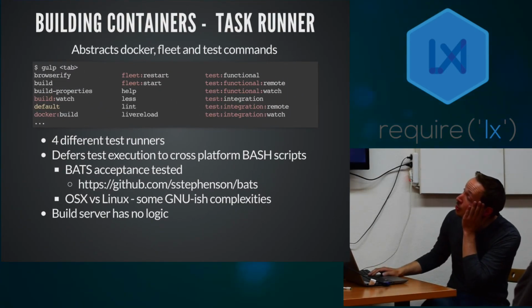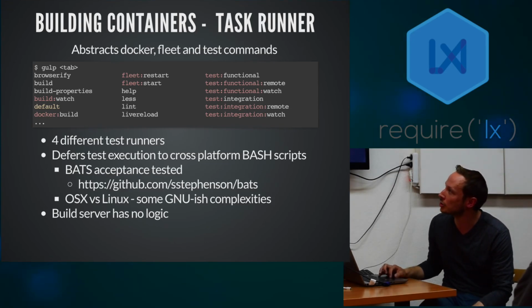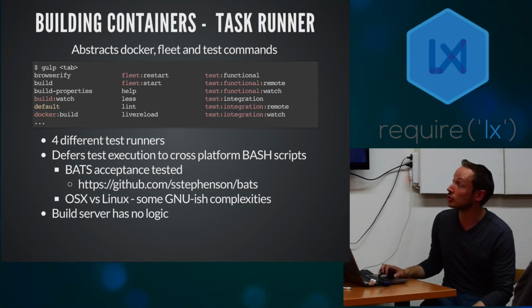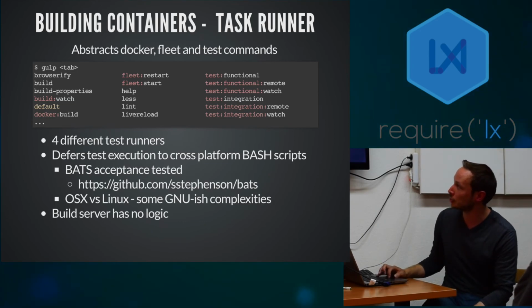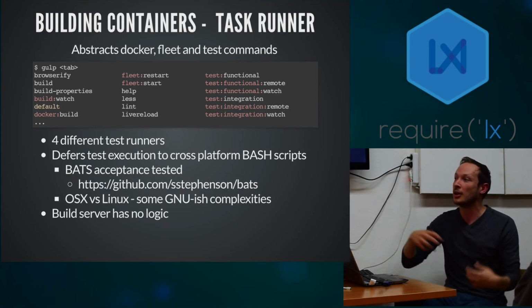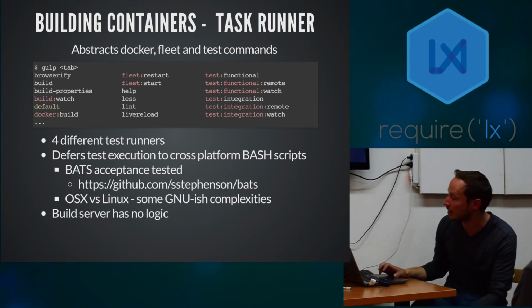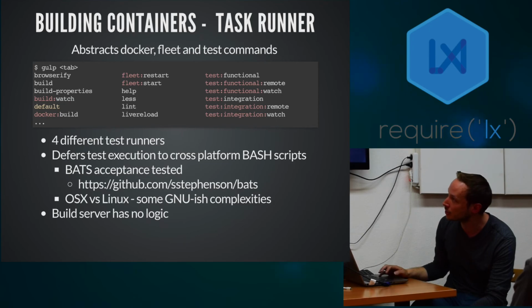Okay, so these are the sort of things that we include. So we're able to set a watch and rebuild the Angular stuff. We're able to set a watch and do a whole set of integration tests, which I'll show you later, involve bringing up containers, injecting data, setting up mocks and stubs and various high-level things. So that's really nice, and it means that we can run 4 different test runners.